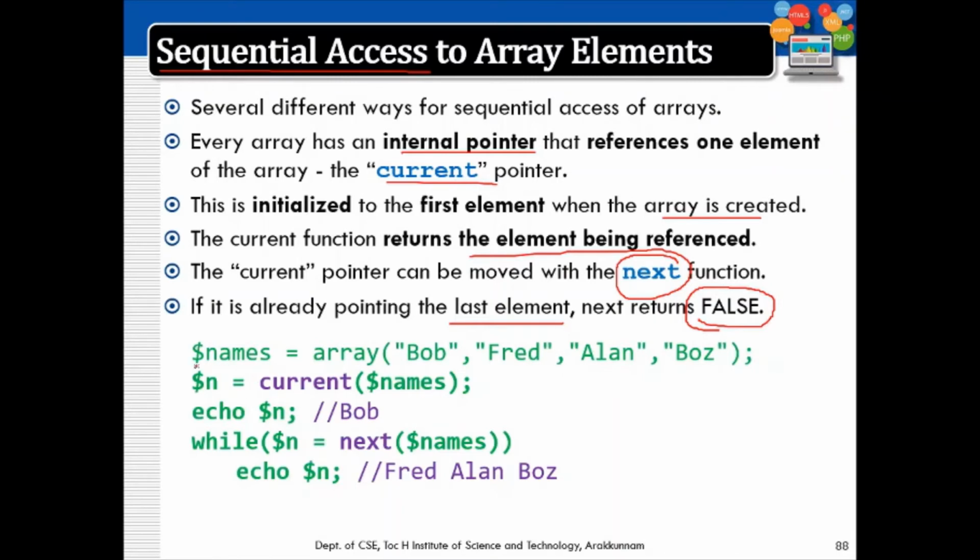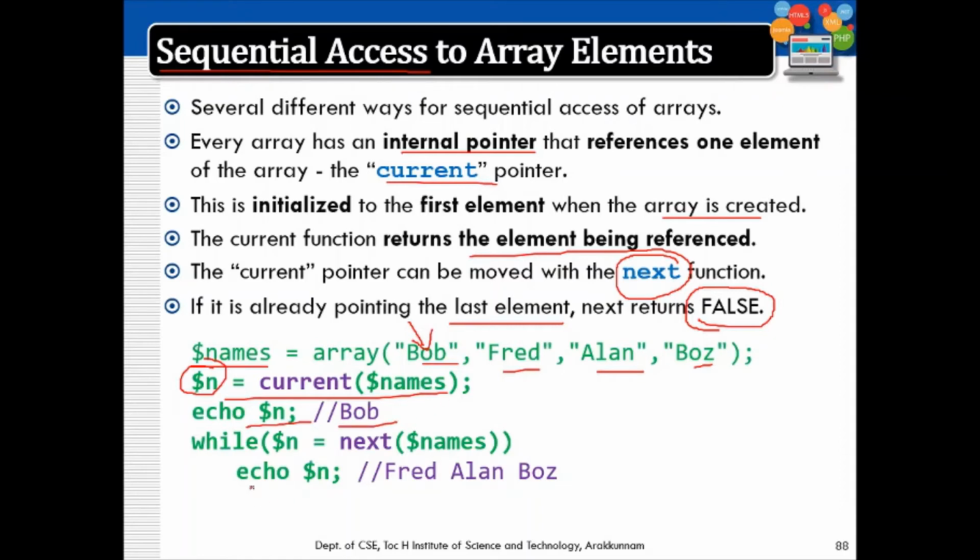This is an example. I have a $names array which contains Bob, Fred, Alan and Bose. $n is equal to current($names). So current will of course be pointing to Bob whenever this array is created. So $n contains value Bob. So I am just echoing that value, so this will give the output as Bob.